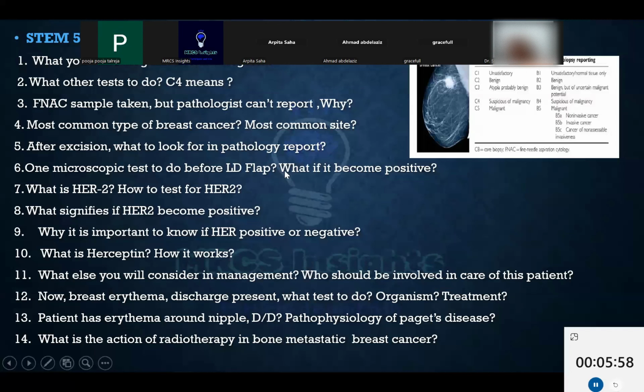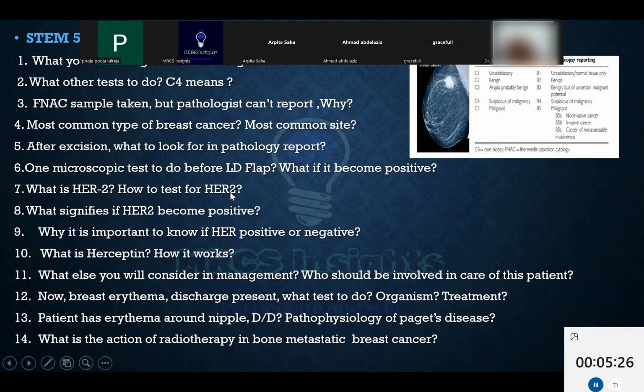Okay. So what is HER2? It's the human epidermal growth factor receptor 2, a receptor of the tyrosine protein kinase family. It's involved in regulation of genes and it increases the proliferation of cells. Okay. Now tell me how to test for HER2.